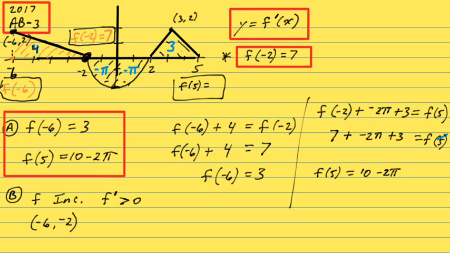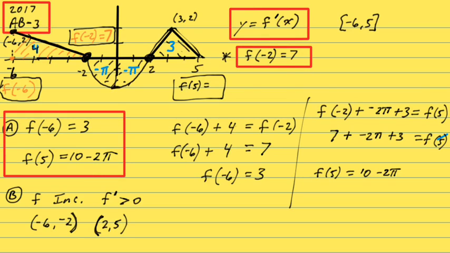That's all above the axis. And then where else? 2 to 5. Now, it would be open on these because those derivative values are 0, which is not increasing or decreasing. It says this is defined on negative 6 to 5.